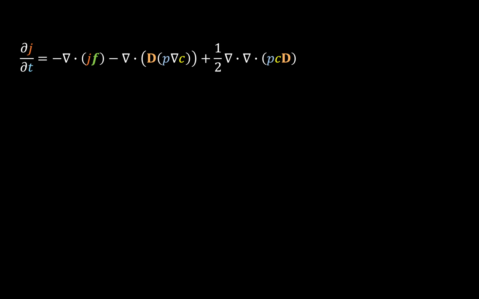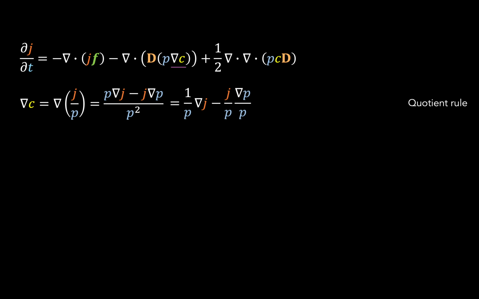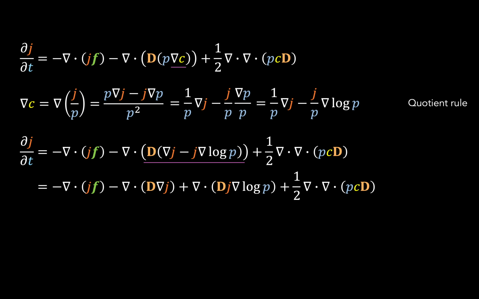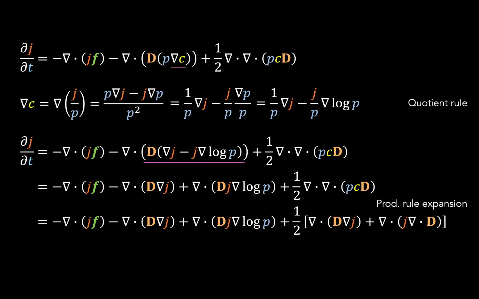The next thing we can do is work on the gradient of the conditional here. So we can apply the quotient rule and split the terms, then realize that the gradient of p over p is just the log gradient of p, or the score of p. So now we can plug this into our expression, split the divergence, and expand the double divergence using the product rule.